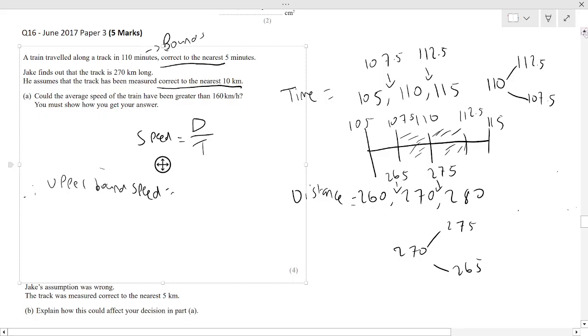So you're going to want to maximize the numerator, make the numerator as big as possible and the denominator as small as possible. So we want to take the upper bound for d, our distance, which is 275, over our smallest value for time, which is going to be 107.5. Okay.